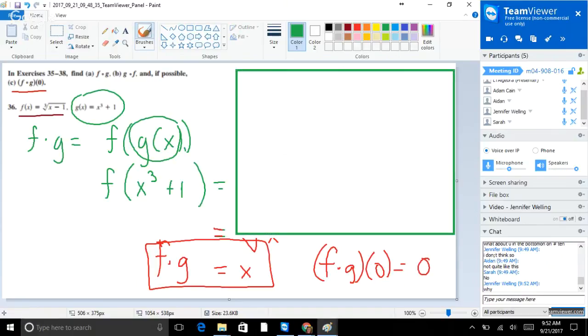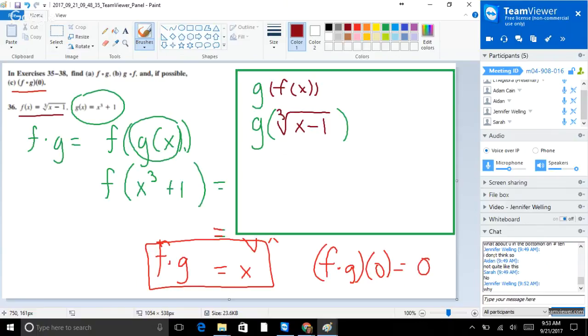What if we do g composed with f? I should keep with my color scheme. We want g composed with f of x. That means we're going to do g, and f of x is the cube root of 3x minus 1.